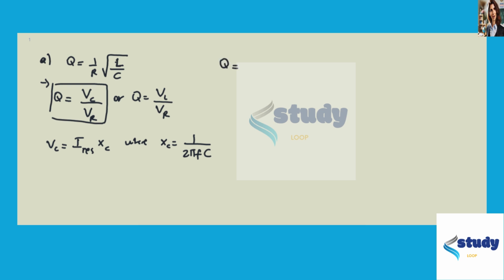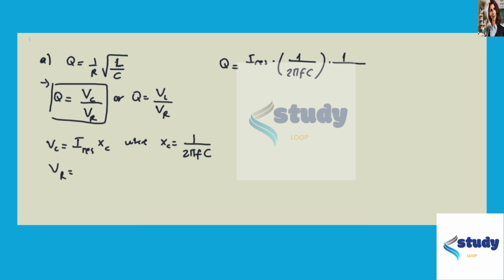So the Q factor is going to be equal to I resonant times X C, which is 1 over 2 pi f C, and in the denominator I still have V R.